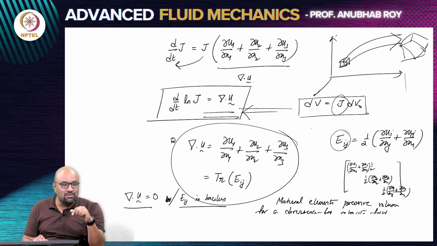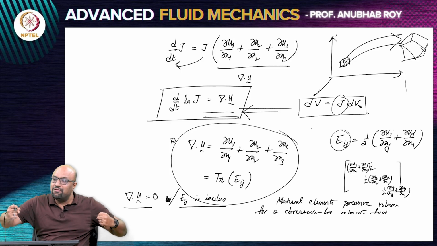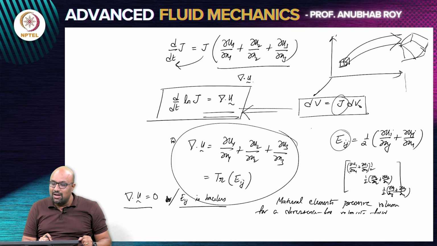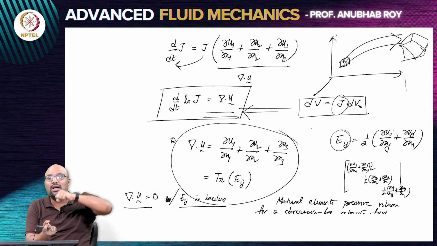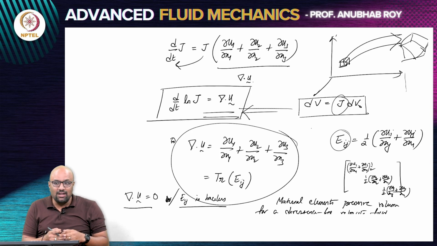If along a principal axis the eigenvalue is positive, that means along that direction the fluid elements are going to get stretched. If the eigenvalue is negative along a particular principal axis, fluid elements are going to get compressed. And if the flow is further divergence free, that means it has to preserve volume.